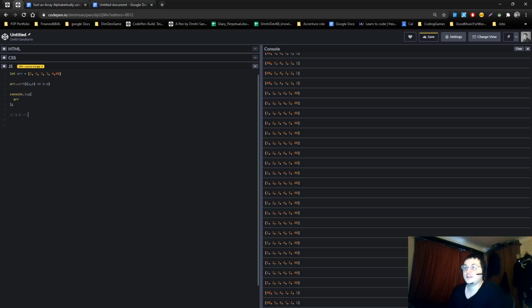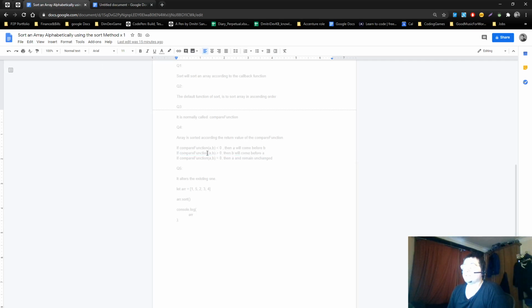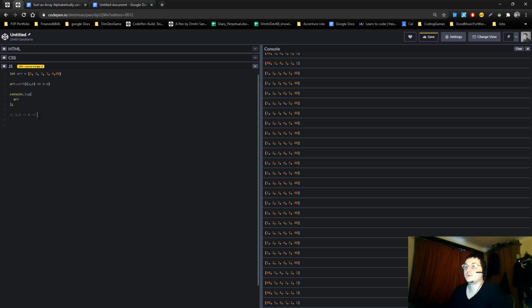Now 1 is A, 5 is B, and now we'll look at the rule, B minus A. So 5 minus 1 is positive. It's 4. When it's positive, B will come before A. So 5 is B. That means 5 stays here and 1 goes here.